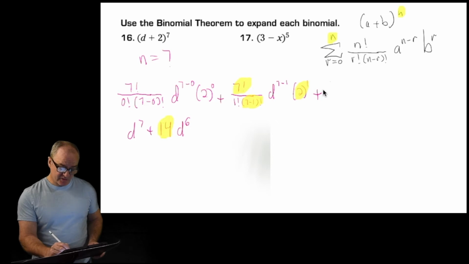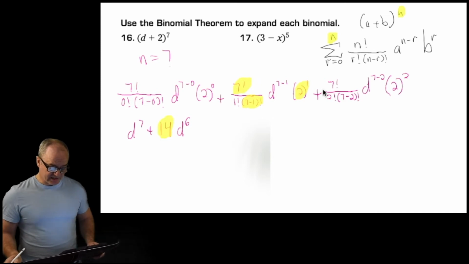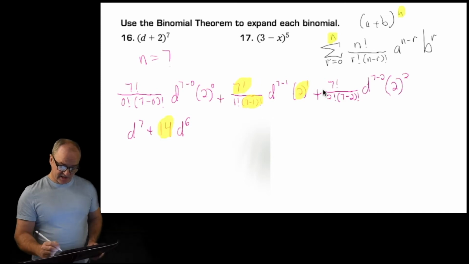So when r is 2, this is 7 factorial over 2 factorial times (7 minus 2) factorial, d to the 7 minus 2 power times 2 squared. Okay, maybe I'll do a little side work over here.